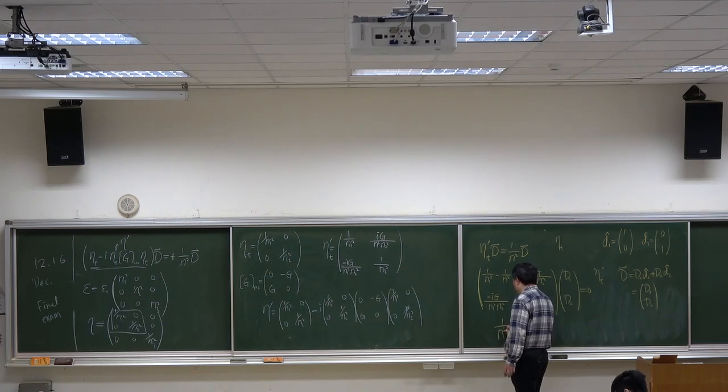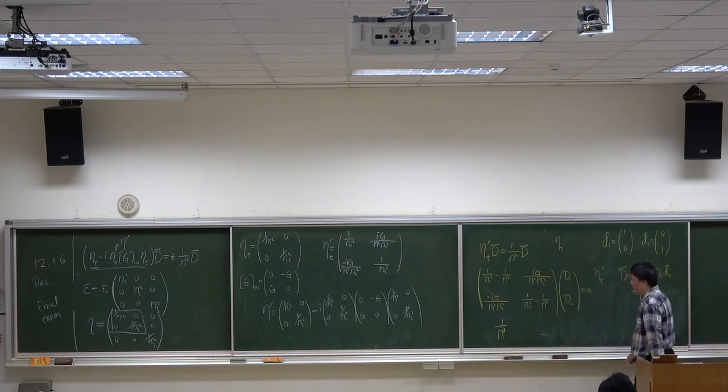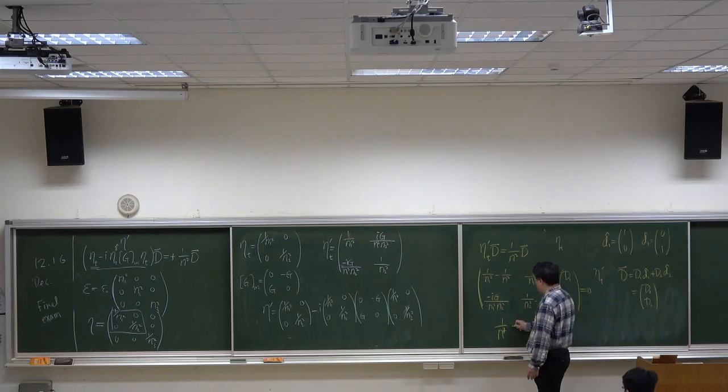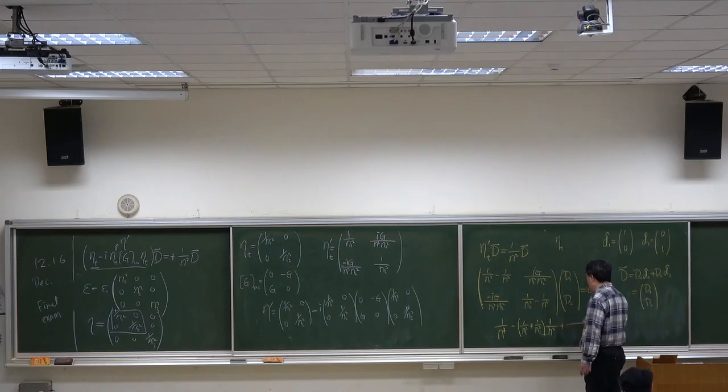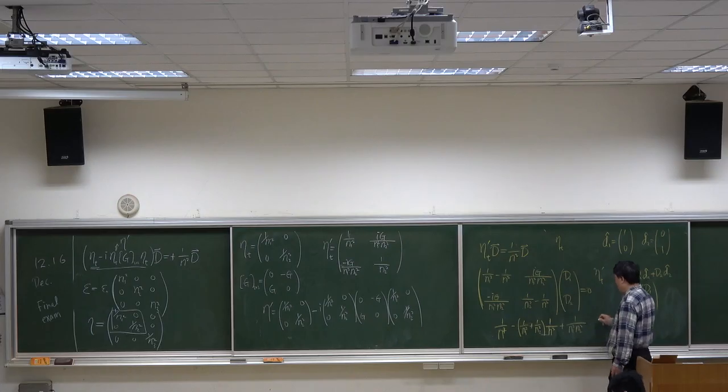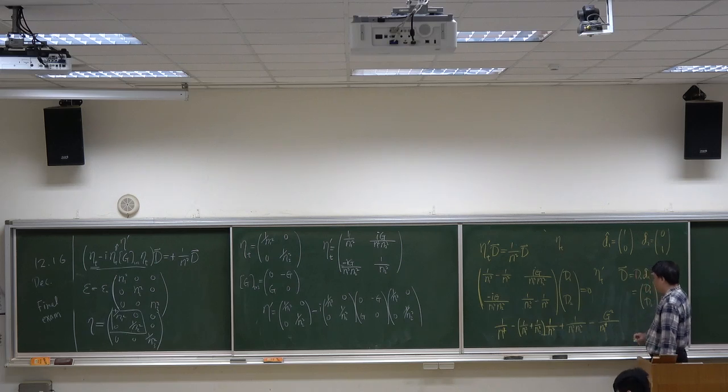We see that it is equal to: the fourth power of 1 over n, minus 1 over n1 squared plus 1 over n2 squared, times 1 over n squared, plus 1 over n1 squared times 1 over n2 squared, minus g squared over n1 to the fourth times n2 to the fourth, equal to 0. Okay?